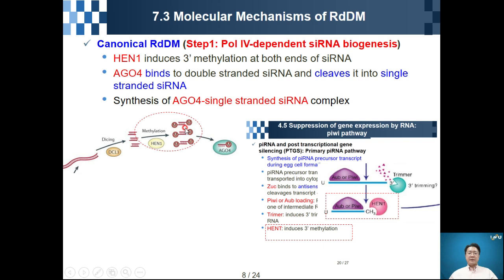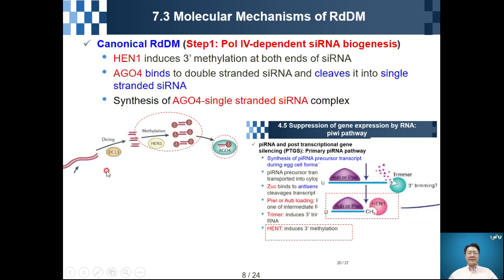After that, AGO4 binds to the double-stranded siRNA and cleaves it into single-stranded siRNA. After that, the AGO4 and single-stranded siRNA complex is synthesized. This is the step 1 procedure, polymerase 4 dependent siRNA biogenesis.